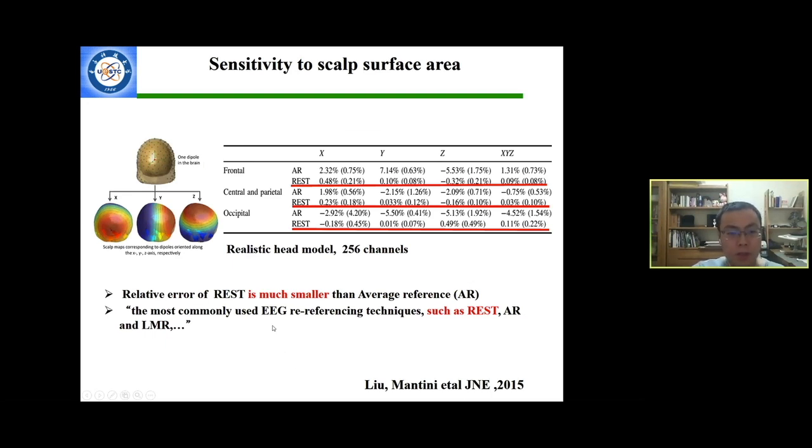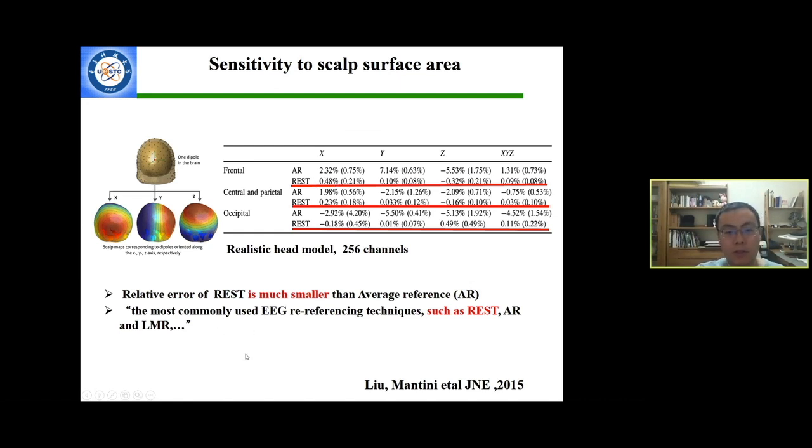In this paper, using a realistic head model with 256 channels, the relative errors of REST are much smaller than the average reference. We can see that in different brain regions, the relative error of REST is the smallest.